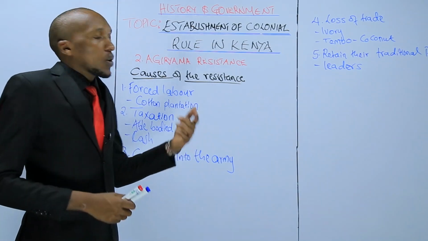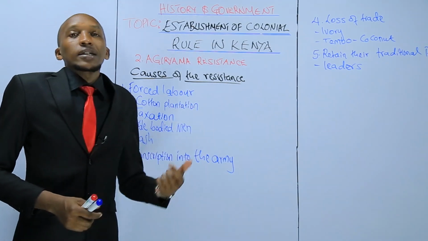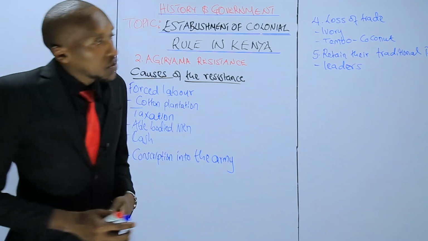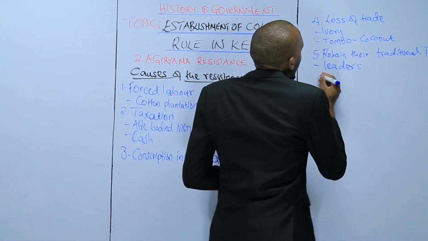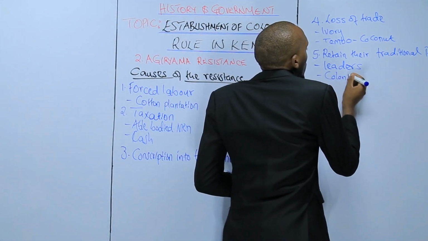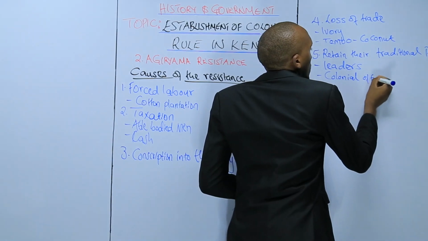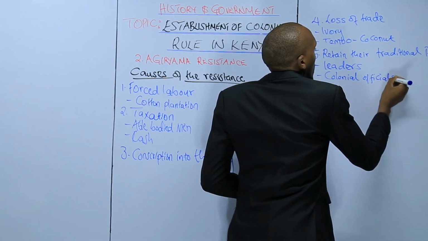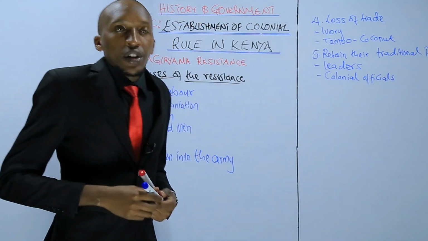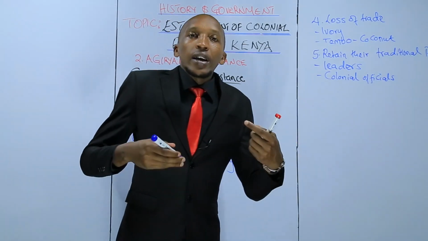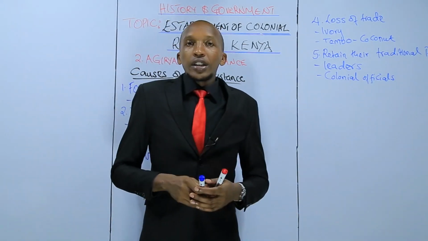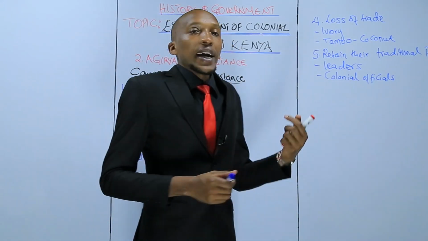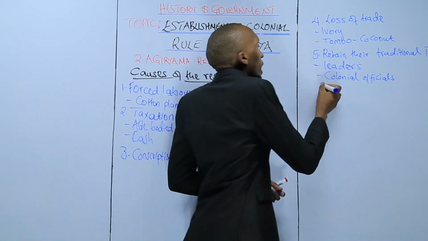So with the coming of the British, that meant that now the colonial officials were going to take control. The colonial officials were now supposed to take control. This made the Agiryama people very angry because they could now see their independence is going away.